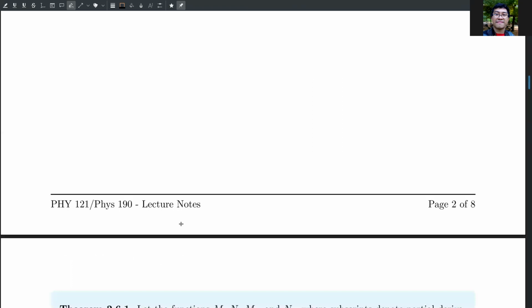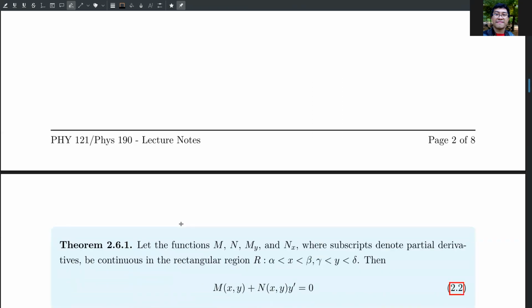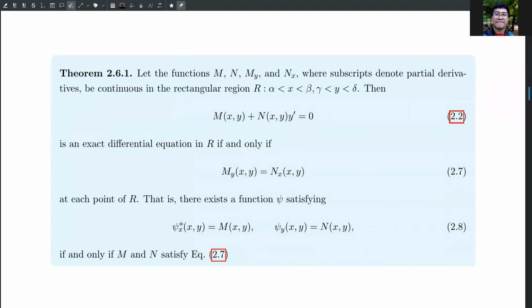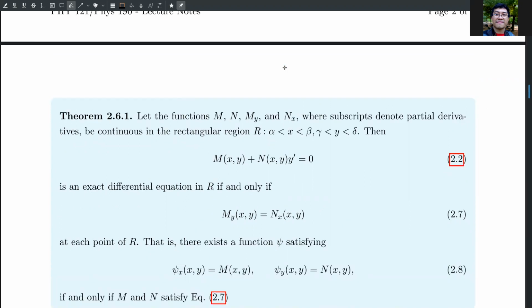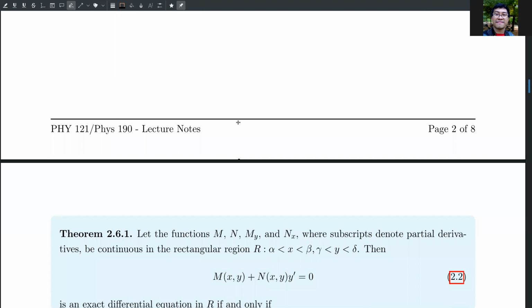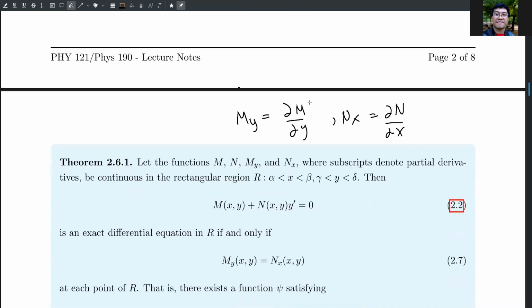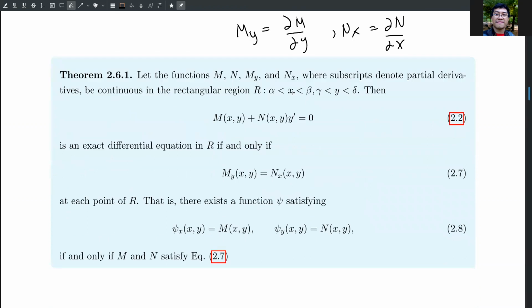We use an organized method in solving problems like this. We are making use of this theorem, where if you have functions m, n, my, and nx, where subscripts denote partial derivatives, my means partial derivative of m with respect to y, and nx means partial derivative of n with respect to x, continuous in a rectangle.